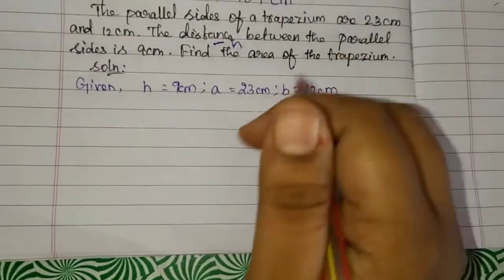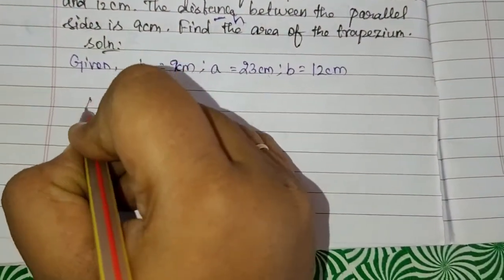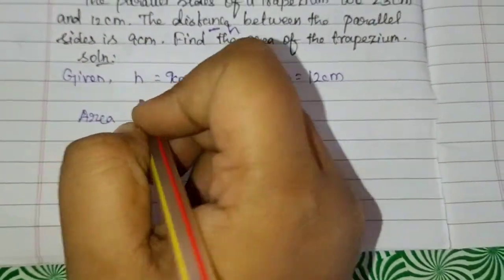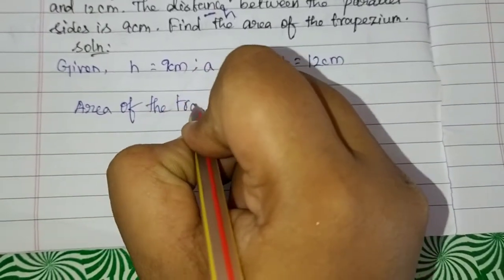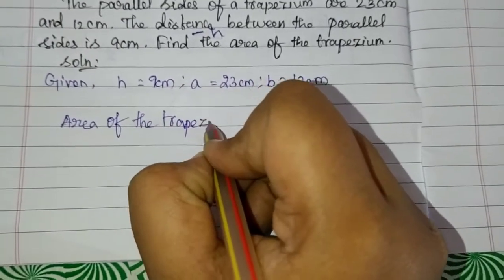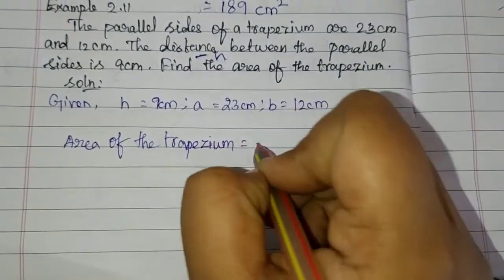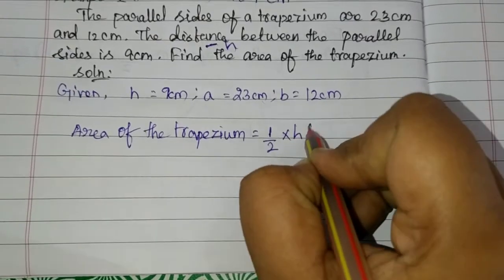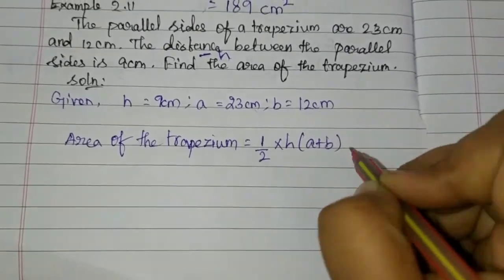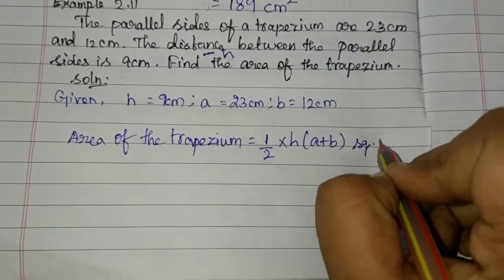Okay, so we want to write it here. Open your mouth and say, children, area of the trapezium equal to, what will come? Say me the formula: half into h into a plus b square units.